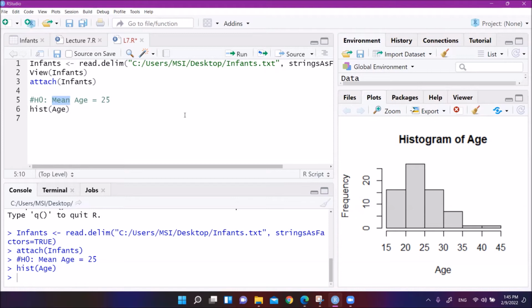So what is the mean here? Is this a sample mean? Can anybody answer? Let's say mu is equal to 25. So what is mu? Mean age. What mean? Population mean or sample mean? Can somebody answer?